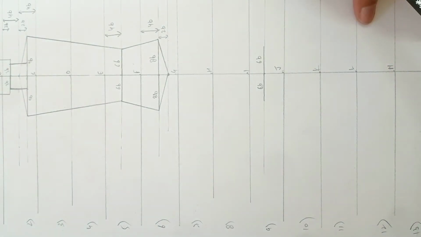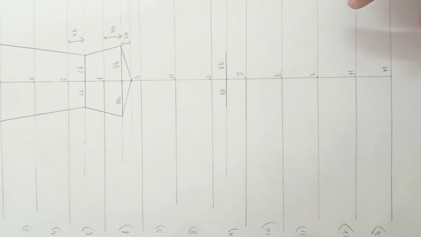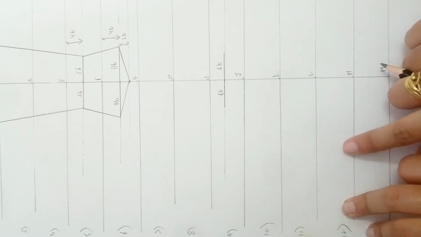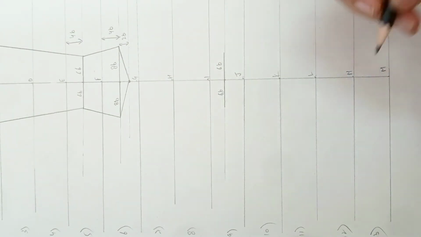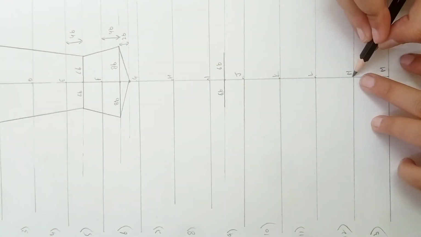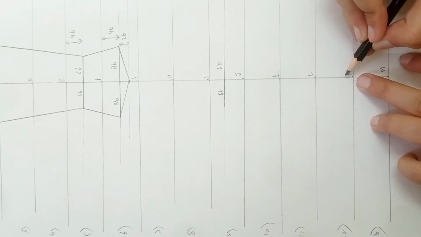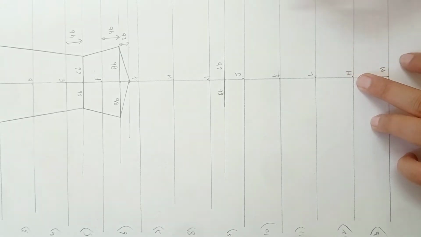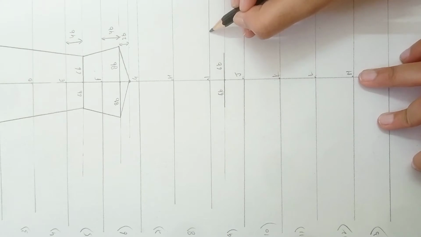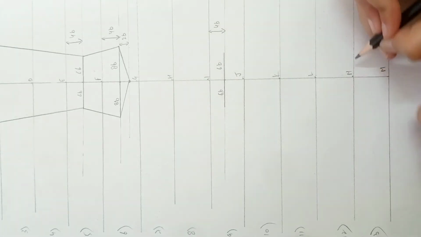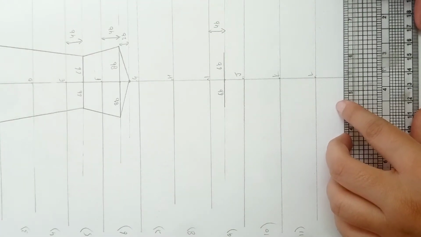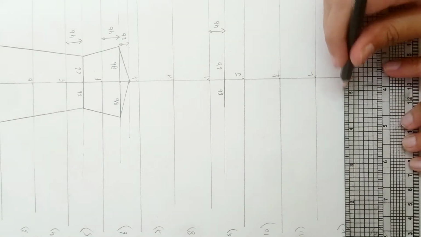After that, coming on to the ankle. The ankle line lies in the 12th section, that is the L and M section. So for that, what you have to do is mark 2 blocks above this M point. Here we have to mark a 4 block distance, and here we have to mark 2 blocks above.